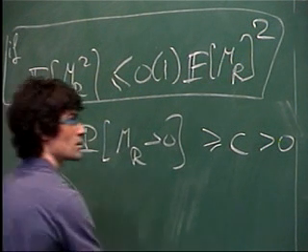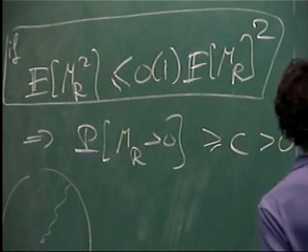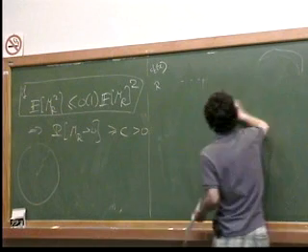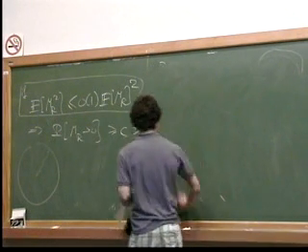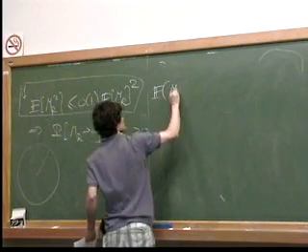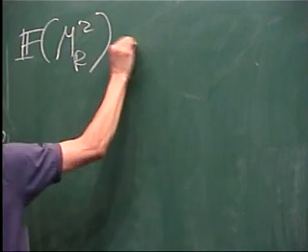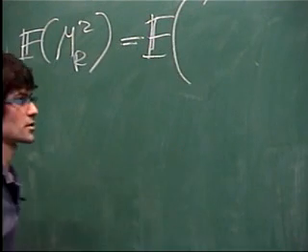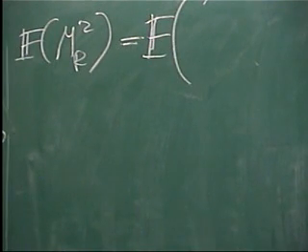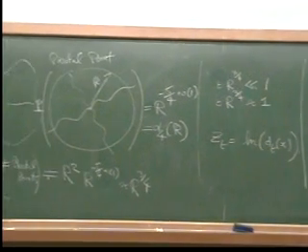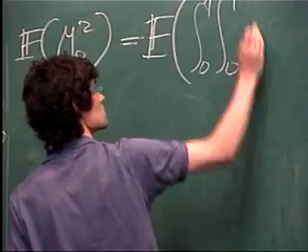So, well, let's write what is the second moment. So m of r was this integral here. So m of r squared is just this double integral.